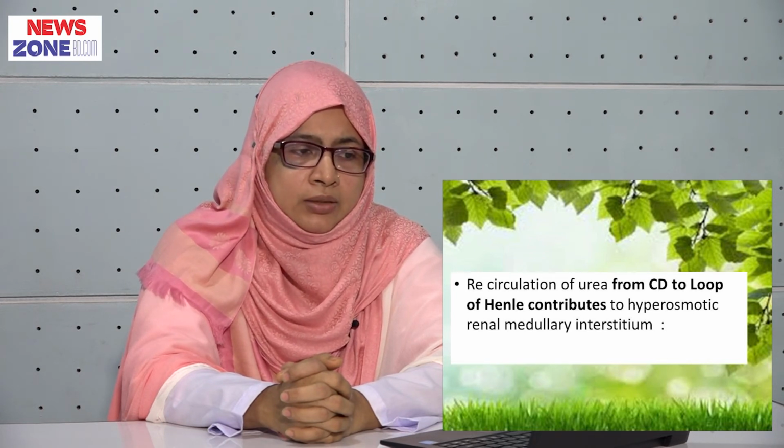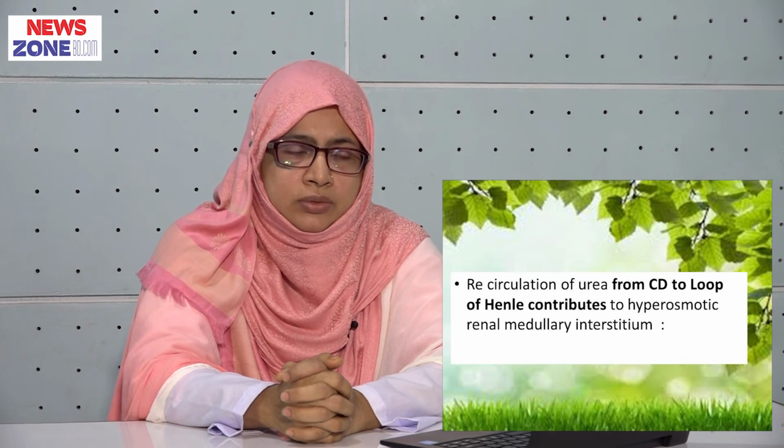So, when the tubular fluid reaches the inner medullary collecting duct in the presence of ADH, it becomes more concentrated because water is reabsorbed but urea is not. In the inner medullary collecting duct, the concentration of urea becomes higher.